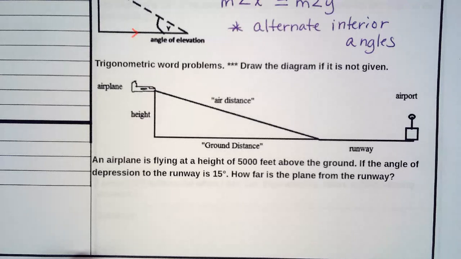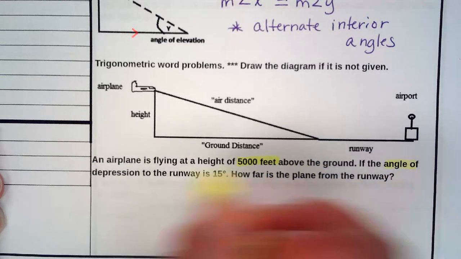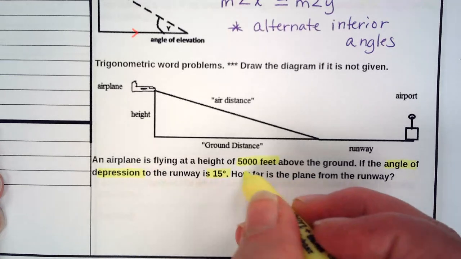When you're doing trigonometric word problems, always draw the diagram if it's not given, so you can see what's going on. It says an airplane is flying at a height of 5,000 feet above the ground. If the angle of depression to the runway is 15 degrees, how far is the plane from the runway? So we know the height is 5,000. The angle of depression is 15 degrees.